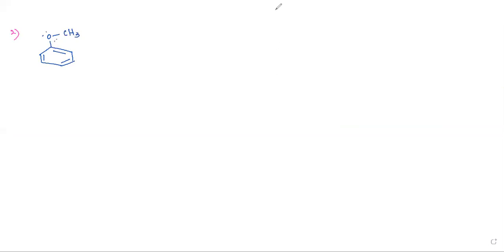Now the methoxy group is of course plus M, it's electron releasing. In this case, when we use lithium or sodium in ammonia or alcohol, you can just imagine the product, I hope.